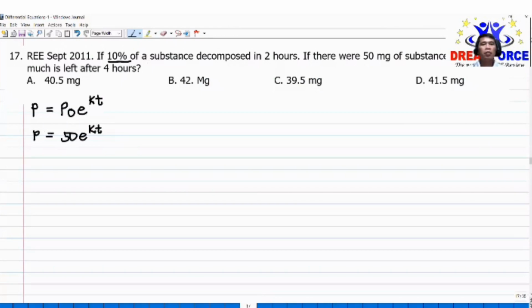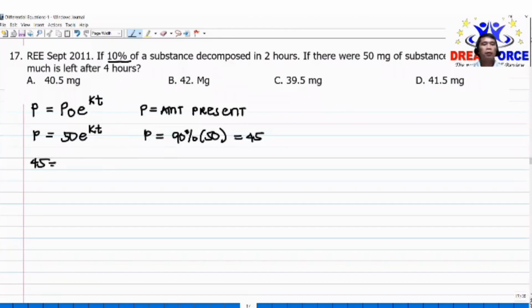Then 10% of a substance decomposed in 2 hours. So P is amount present. So P is equal to yung naiwan, 90% of 50. That will be 45. So lagay natin dito, 45 is equal to 50 e raised to K times 2.